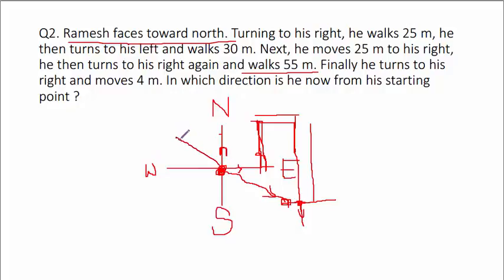So this will be northwest. This direction will be northeast, and this direction will be southwest, or sometimes also called west-south; both are the same thing. And this direction, which is your answer, is southeast or east-south.